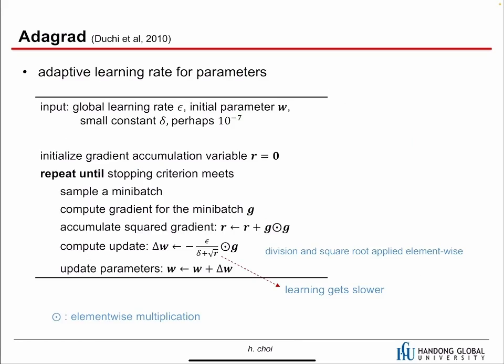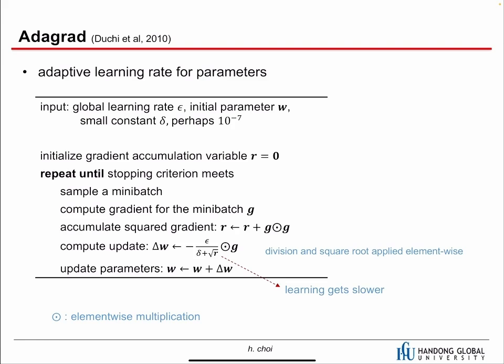Then the next one is AdaGrad, adaptive learning rate for parameters. As I said, the learning rate is one factor that determines the effectiveness of the learning process. In AdaGrad, we change the learning rate adaptively.